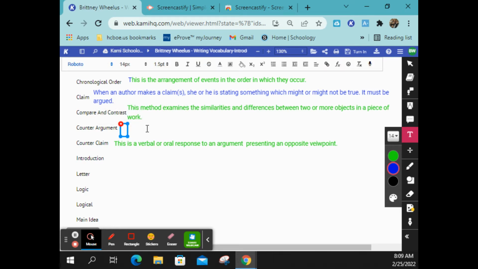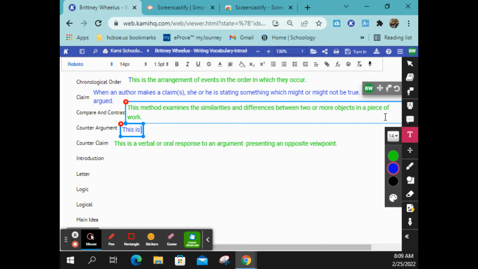All right, counter argument. This is an argument that makes an opposing point to another argument.